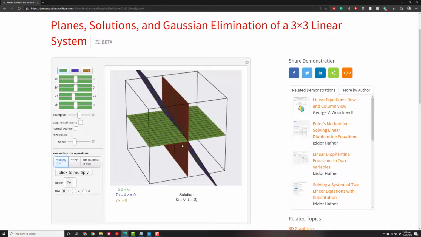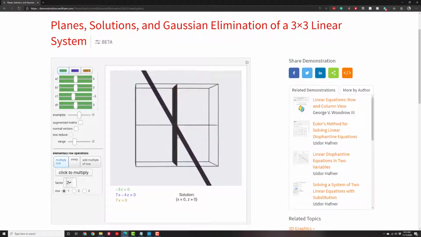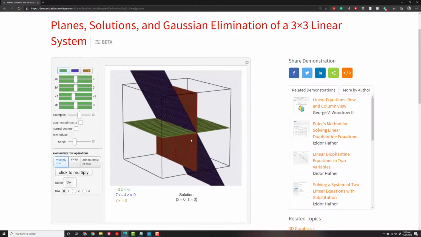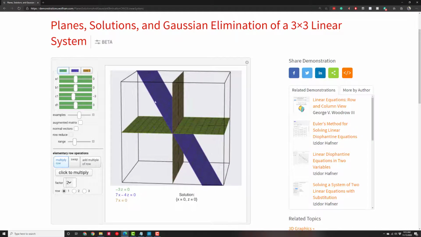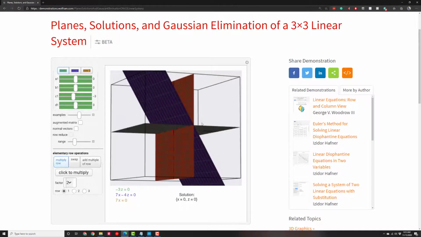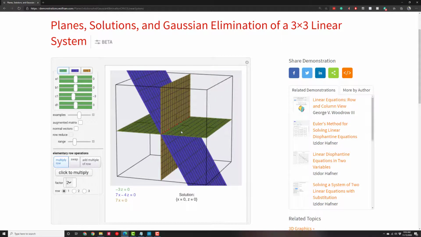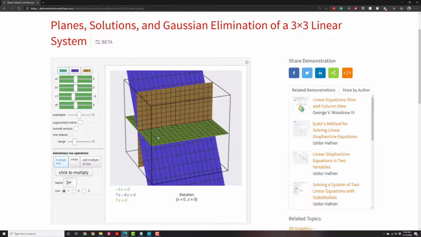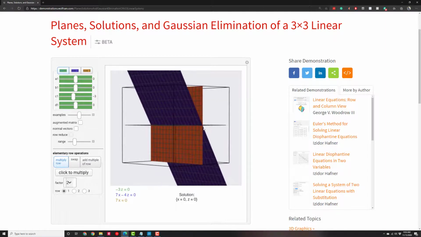A little more subtle is this type of system where you have two perpendicular planes and then a plane that intersects them, but it intersects them along a line. So everywhere all three of those planes touch is the solution.